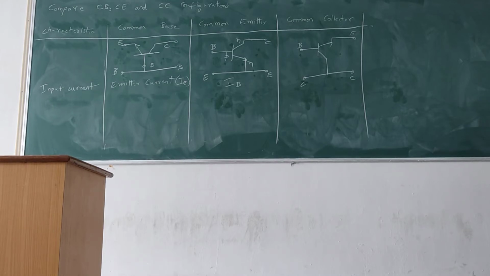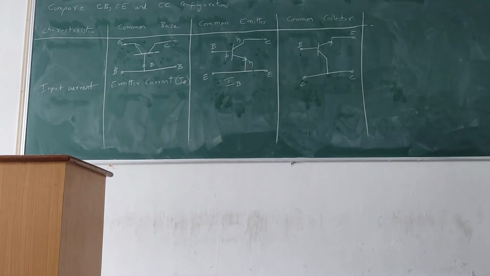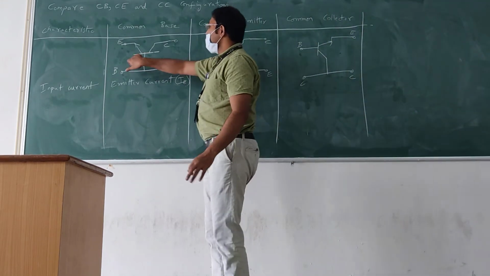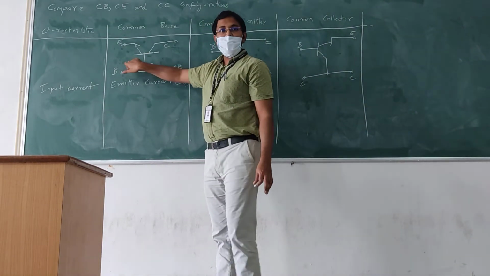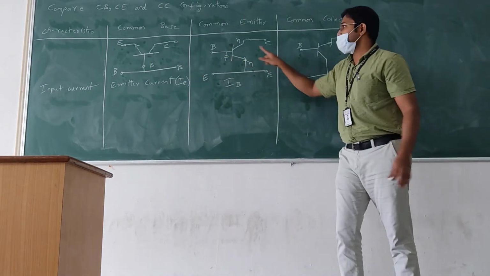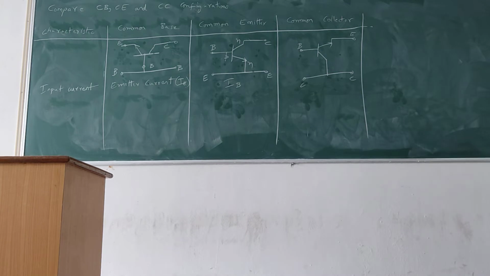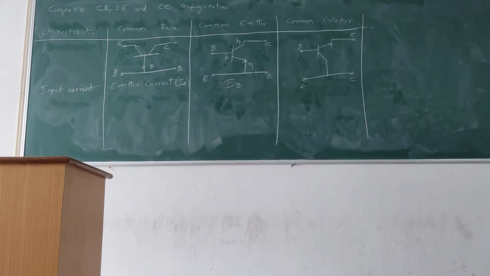Simple, right? If collector is not common, collector is the output. Next, if base is not common, then base will act as input.